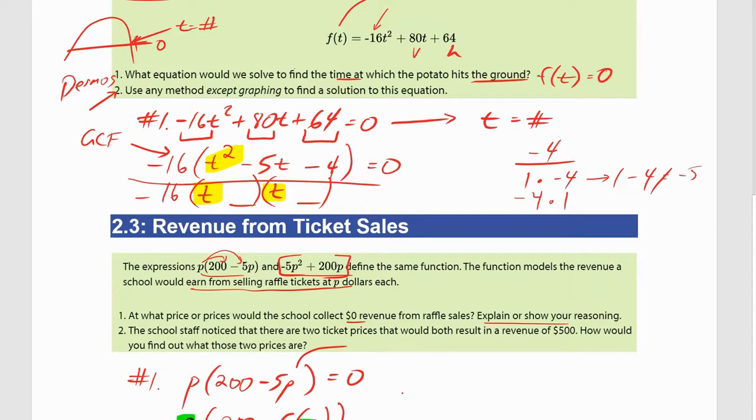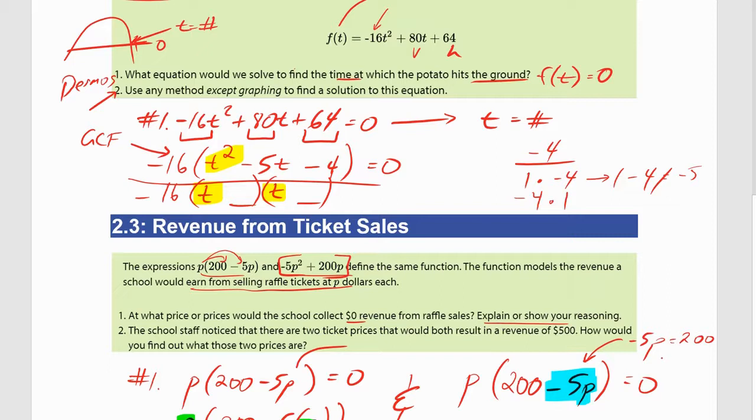So if you did p times 200 minus 5p to get you 0, what would this term need to be to get you a 0? 200 minus what gives you 0? And hopefully you said 200. So what can we plug in for p to get us 200?